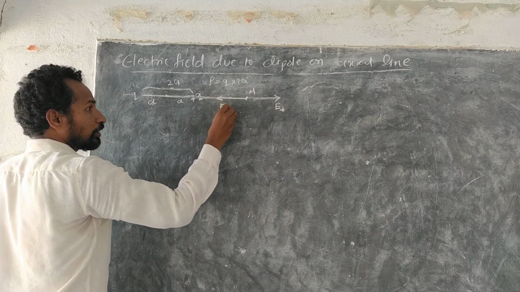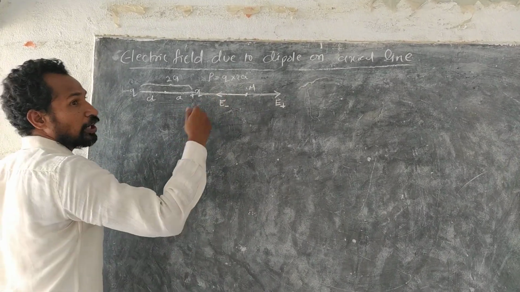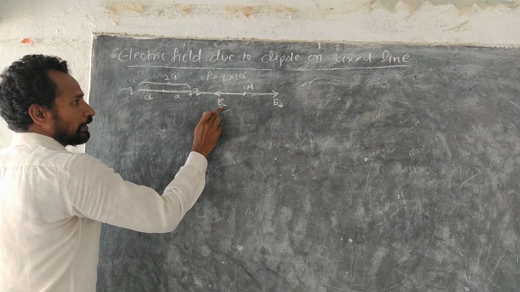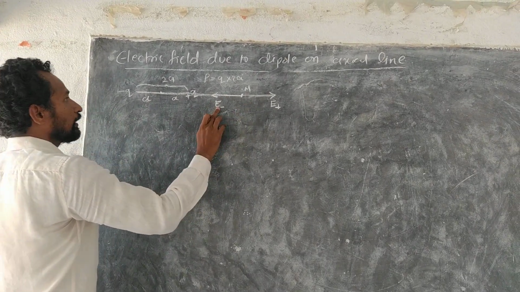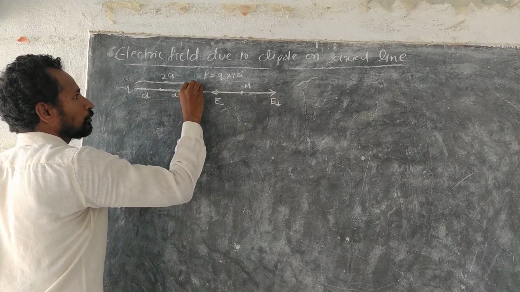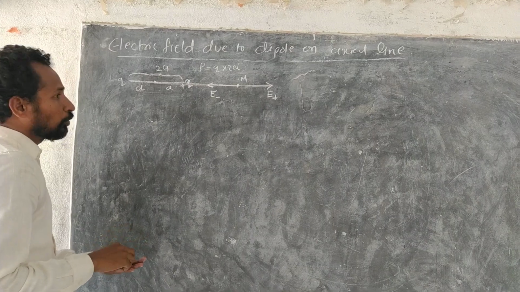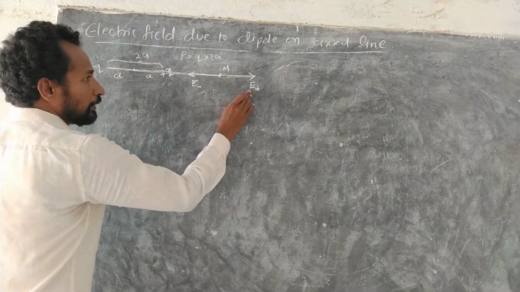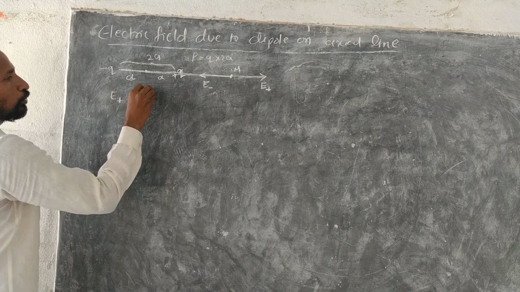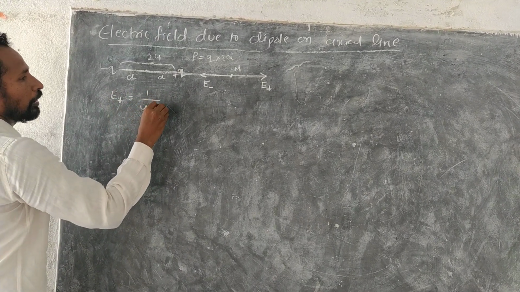So E minus. For positive charge outwards, for negative charge inwards. E minus is the electric field due to the negative charge, E plus is the electric field due to the positive charge.